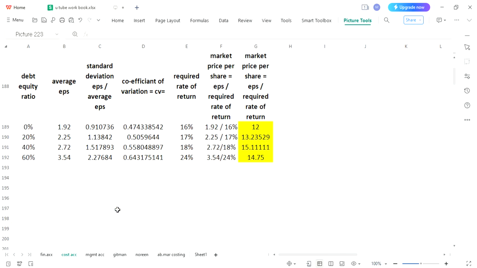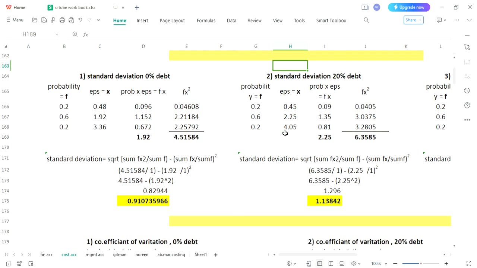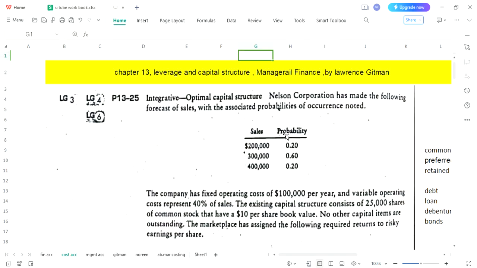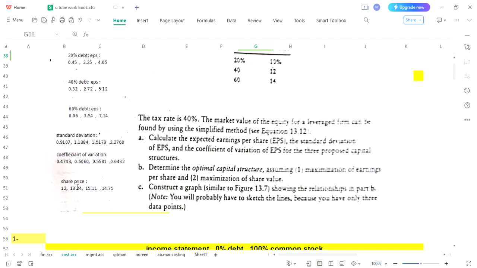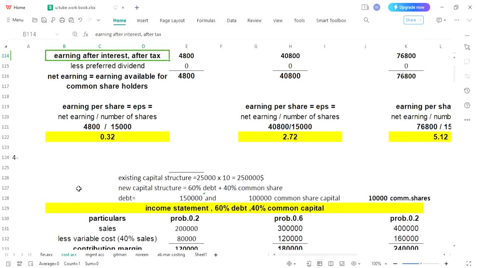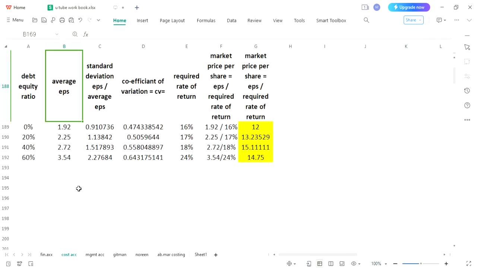So first answer here it was 12. Let's get back, and first answer is 12. I'm just letting you know it is just for you. For me they are matched. 13.24.